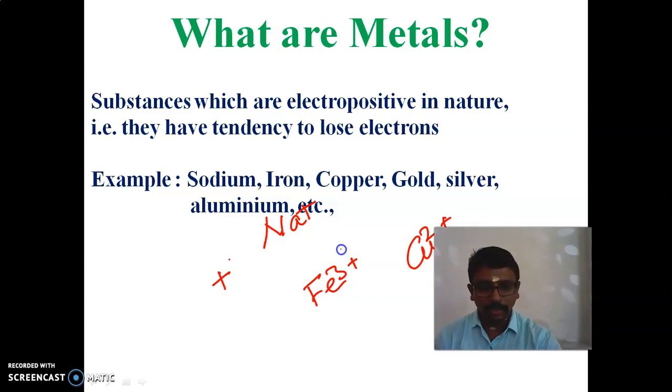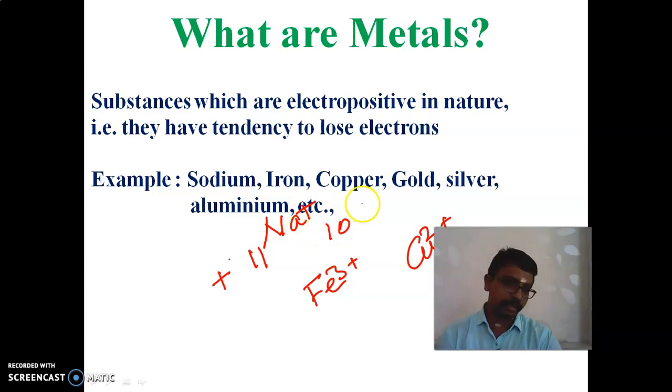For example, sodium: its atomic number is 11, no? If it loses 1 electron, how many electrons are in Na+? Yes, it's 10. It has lost 1 electron. And Fe3+ and Cu2+ are the same way.